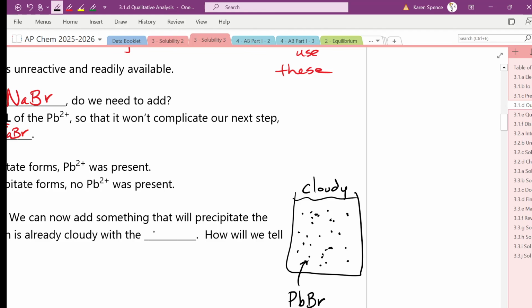Okay, so it's already cloudy with the PbBr2. Can you think of a way to get rid of the solid? Filter it. You could filter it. Anyone got any other ideas? Anyone know what this is called? Centrifuge, yes.